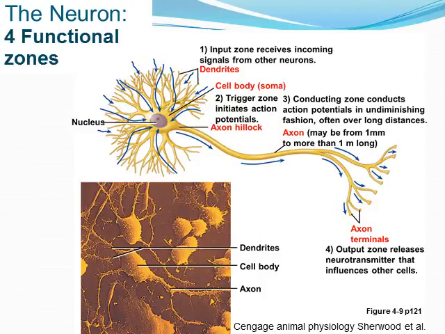And so I wanted to include this to give you an overview of basically the anatomy of the cell, the neuron, and how that relates to the function of that neuron, or the physiology, which is what we're really interested in.